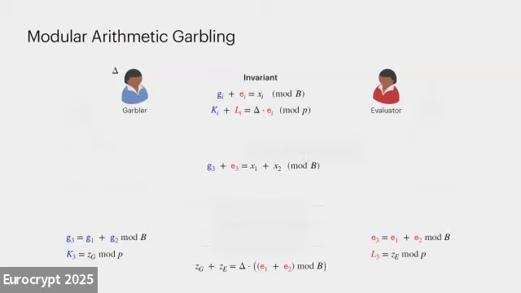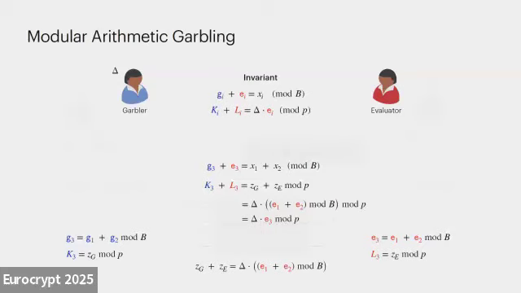For the shares of the secret, like before, it's linear mod B, so we satisfy the invariant. For K3 and L3, as we just saw, it's equal to ZG plus ZE mod P. And because of the transformation that we applied, we have a mod B inside.